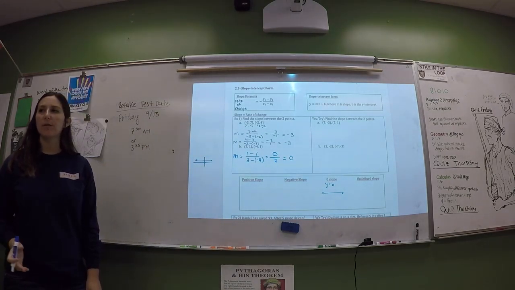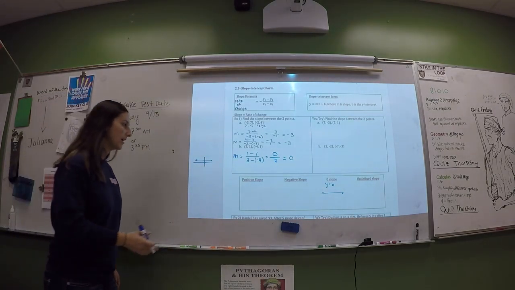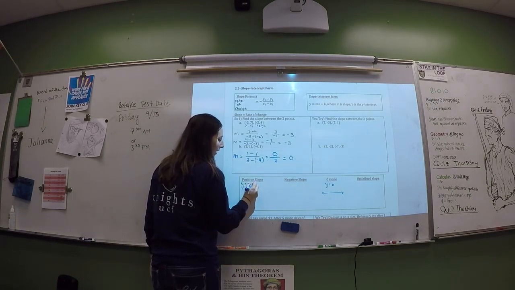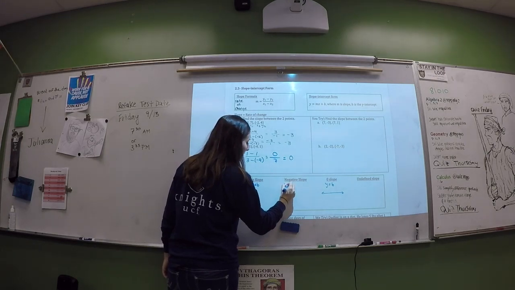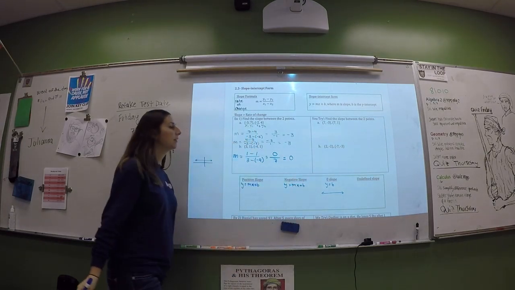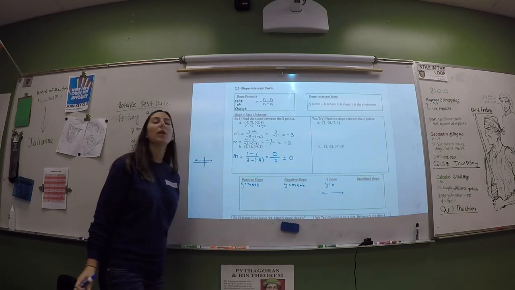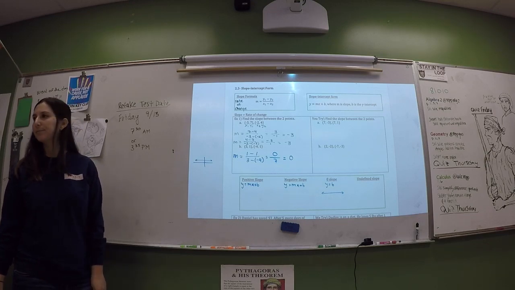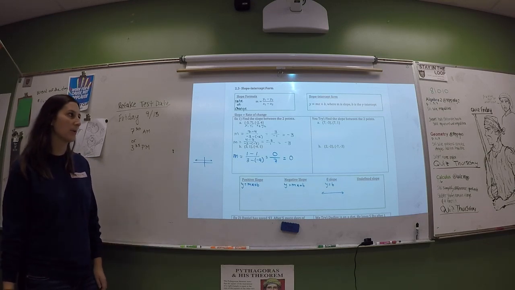That's what the equation of the line will look like. Whereas a positive slope or a negative slope will look like y equals mx plus b, most likely. We could put it in other forms, but we're focusing on slope-intercept form today.